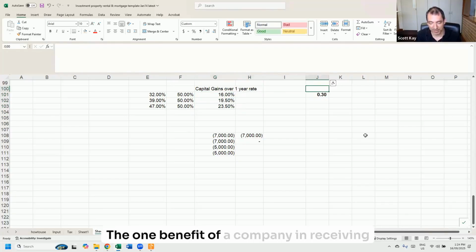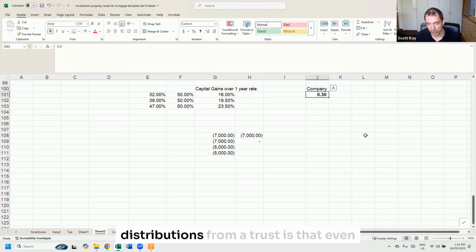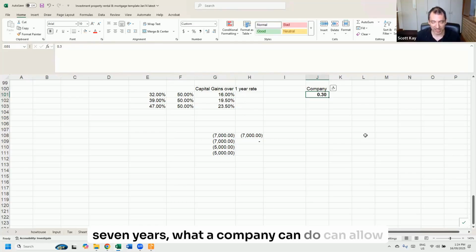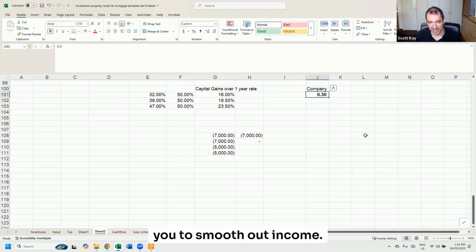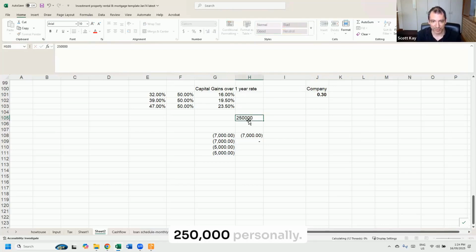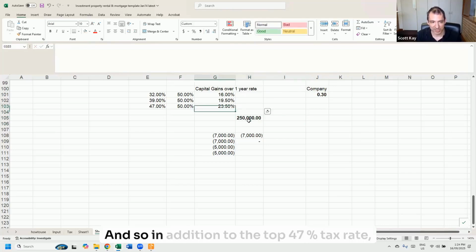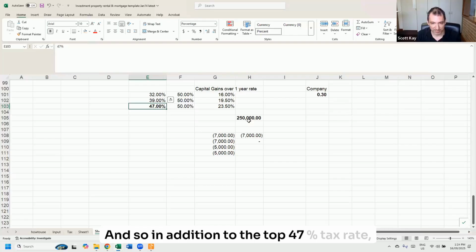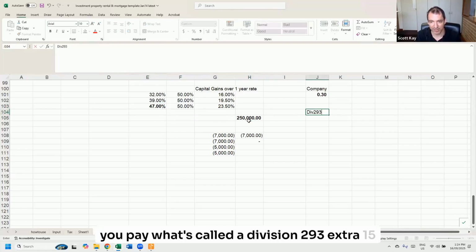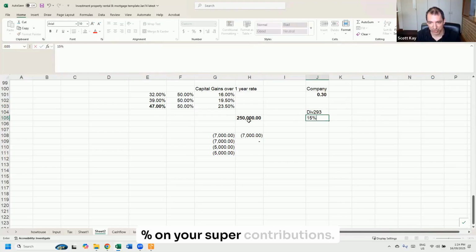The one benefit of a company in receiving distributions from a trust is that even though you might have to pay it back over 7 years, a company can allow you to smooth out income. So let's say that your income is above 250,000 personally. In addition to the top 47% tax rate, you pay what's called a Division 293 extra 15% on your super contributions.